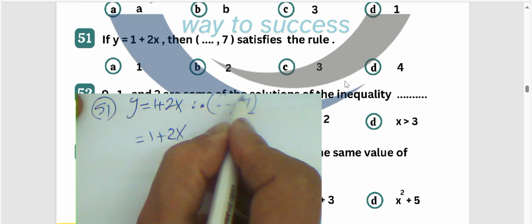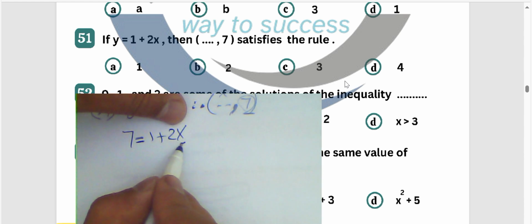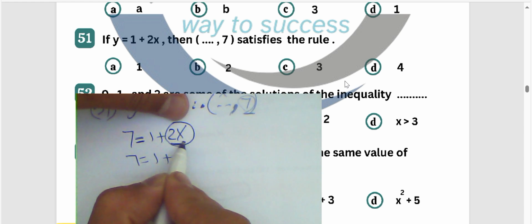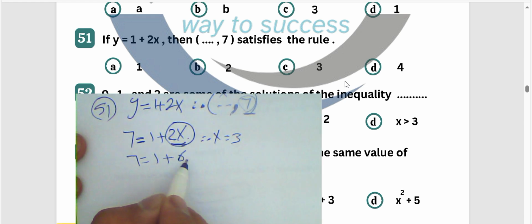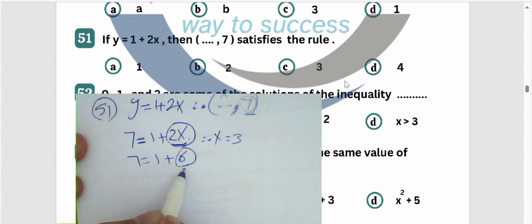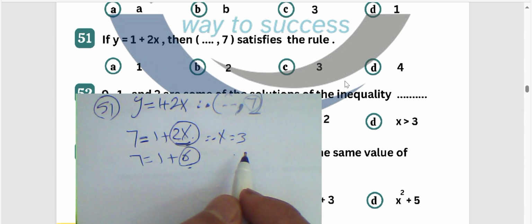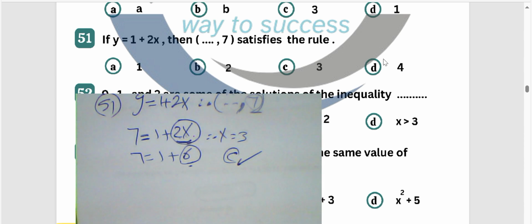Because y will be 7, 2 times 3 equals 6, and 6 plus 1 is 7. And the value of x here will be 3, because 2x equals 6. Then the value of x here equals 3. Choose letter C for this question. Next question 52.